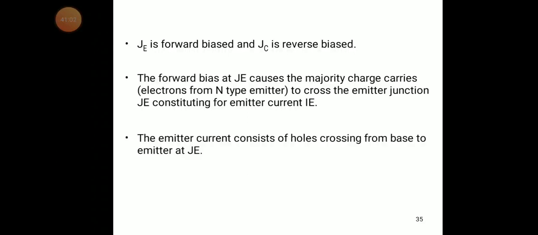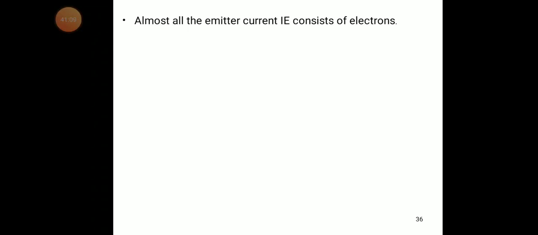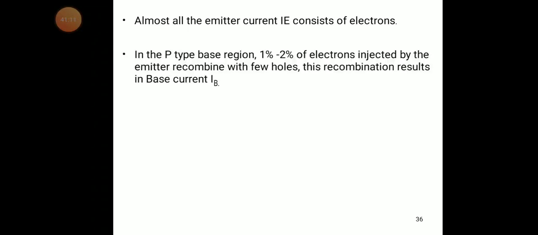The emitter current consists of holes crossing from base to emitter at the emitter junction. Almost all the emitter current consists of electrons.